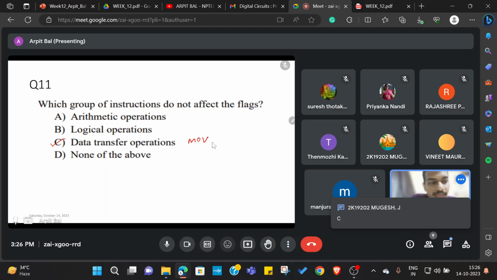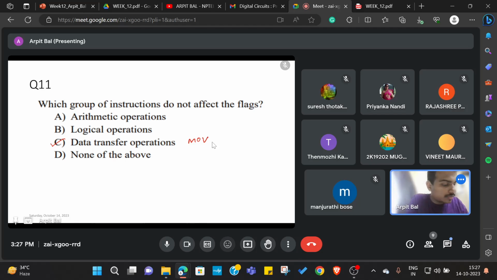If I'm doing MOV A, 00H, it is not going to set your zero flag, it is not going to detect that it is a 0. But on the other hand, logical operations or arithmetic operations are going to affect the flags that are available here.